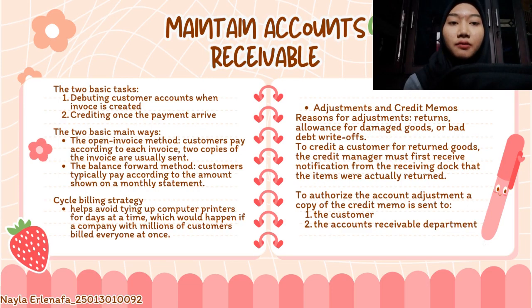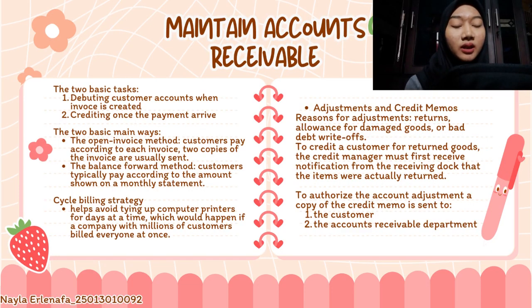And then if something happens, like when a customer wants to return items or has damaged goods, or we want to write off bad debt, we need to make adjustments and credit memos. So to credit a customer for returned goods, the credit manager first makes sure the items were actually sent back from the receiving dock. After confirmation, they create a document called a credit memo.